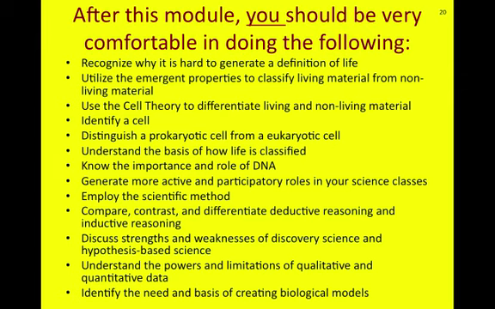Generate more active and participatory roles in your science classes. Employ the scientific method. Compare, contrast, and differentiate deductive reasoning and inductive reasoning. Discuss strengths and weaknesses of discovery science and hypothesis-based science. Understand the powers and limitations of qualitative and quantitative data. Identify the need and basis of creating biological models.